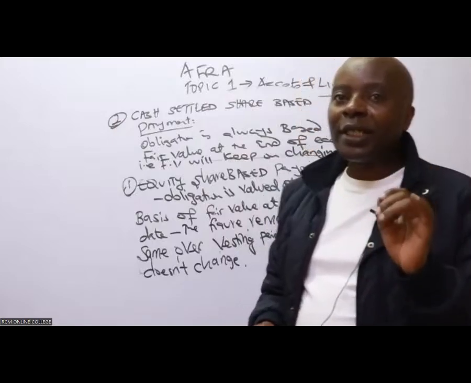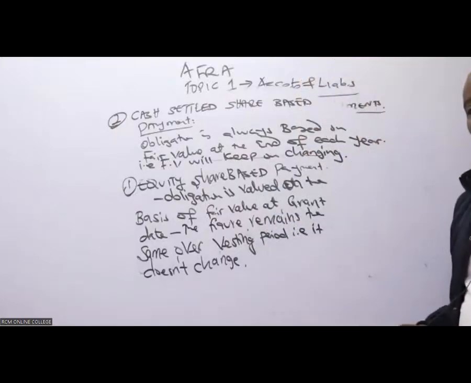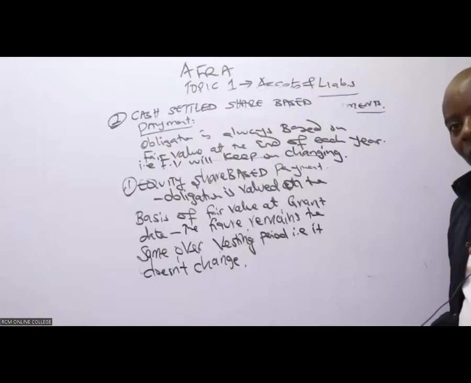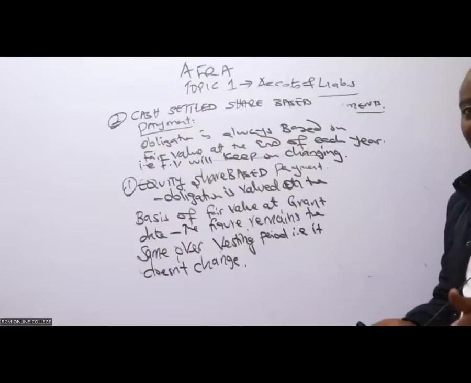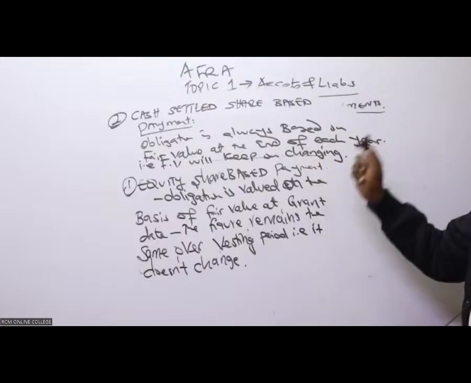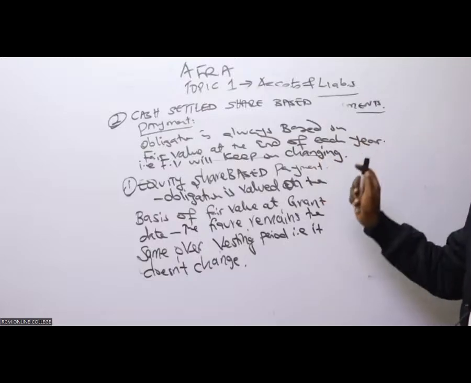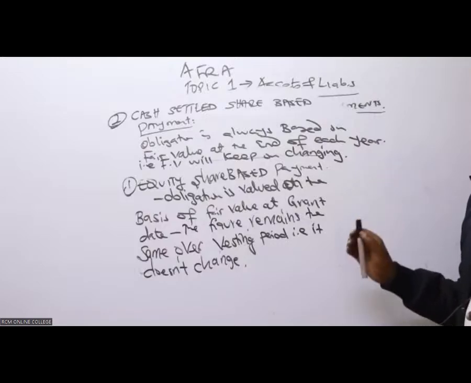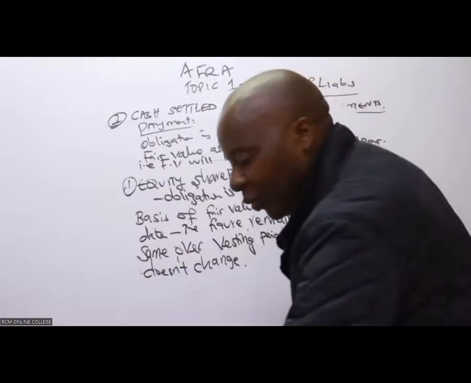But if it's cash settled, because of the appreciation concept, shares appreciating at the end of each year, we expect these guys to push the share price to be increasing. Then to motivate them, for purposes of valuing our obligation towards them, we shall be using the fair value of those shares at the end of each year. And of course, we expect that fair value to keep on changing.